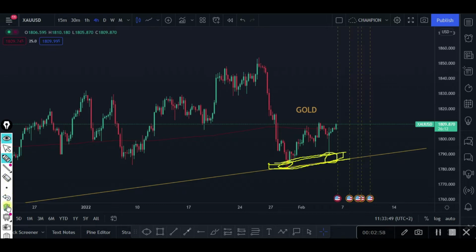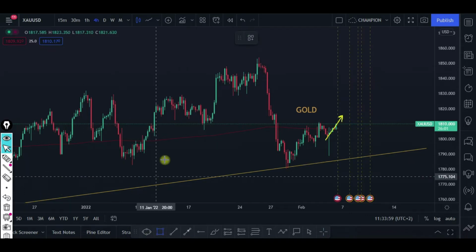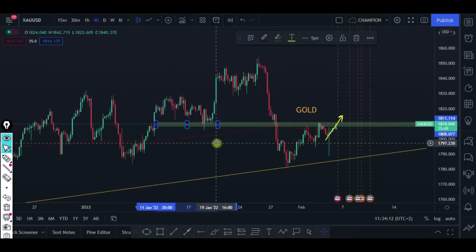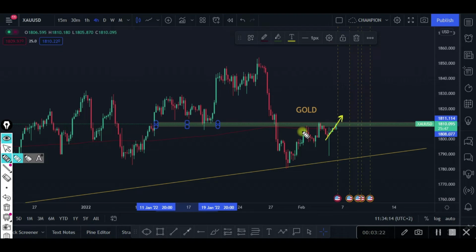When the price respects this area, you can see that it's pushing high. Do you see the support here? I hope you are able to see that this area was our initial support, and now it's our resistance, because the price has been respecting this area.